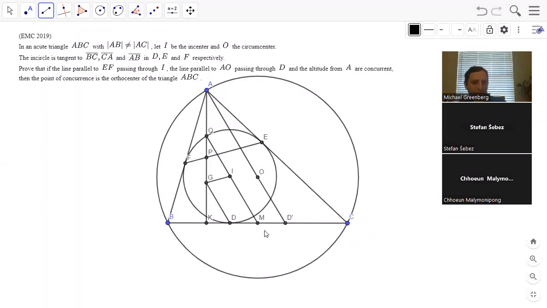Yeah, there's a lot of stuff we haven't proven here. I think the key is using IG as parallel to EF. That would mean that AIG is a right angle. So could we do anything with that?